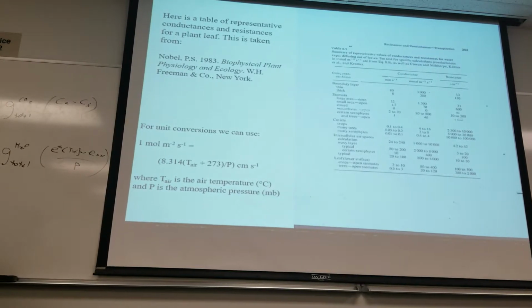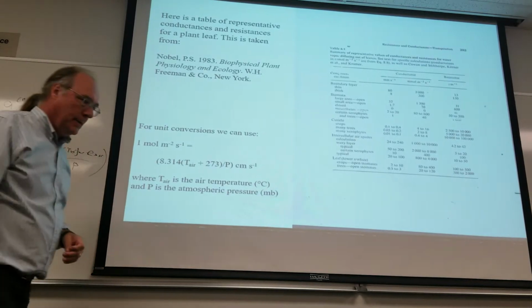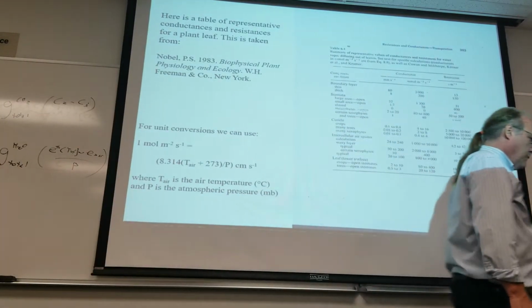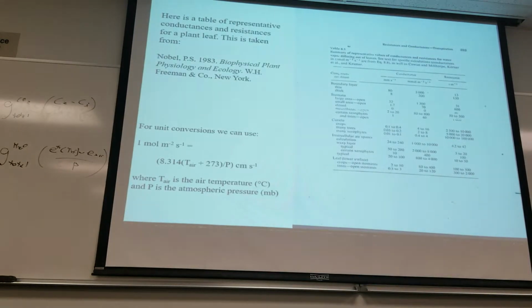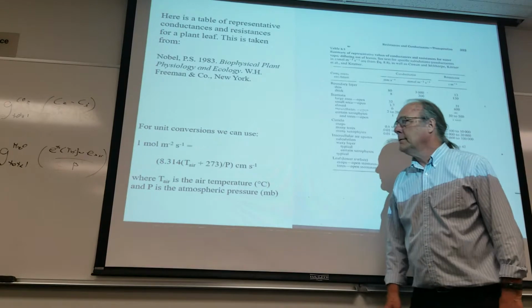It's in the chloroplast. So there's an additional component that's not included in this term that people have become focused on and tried to quantify, and how that varies. And it is quite variable, but that's a topic for another day.